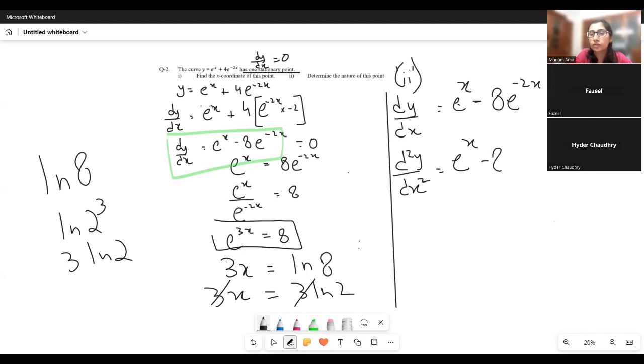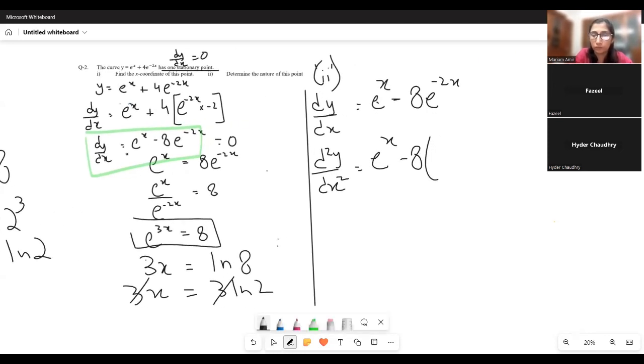Minus 8 is the coefficient. E power minus 2x derivative is e power minus 2x. However, you have to multiply the derivative of the power, which is minus 2. So e power x minus 16 e power minus 2x. That's the second derivative.